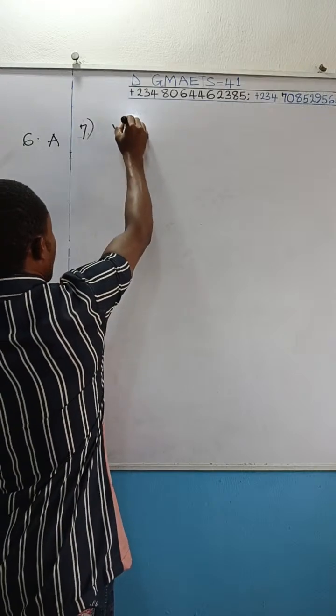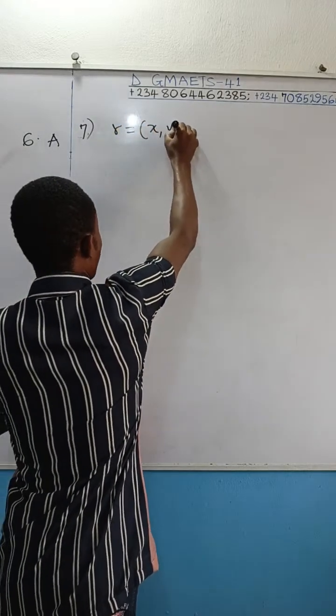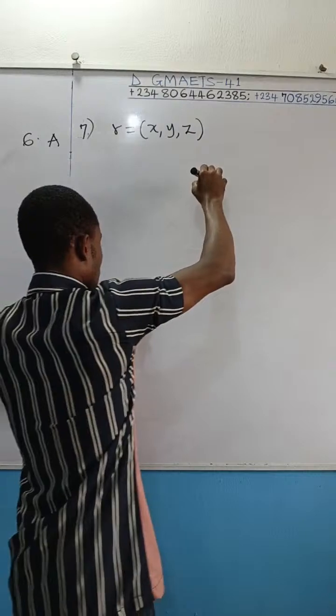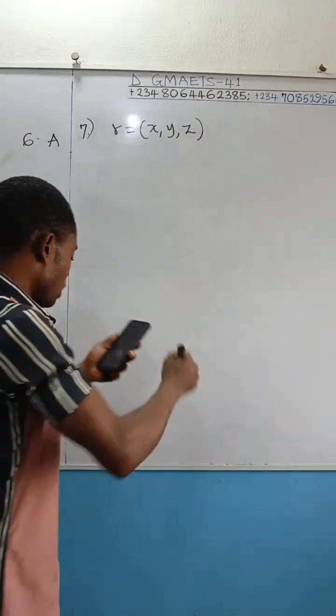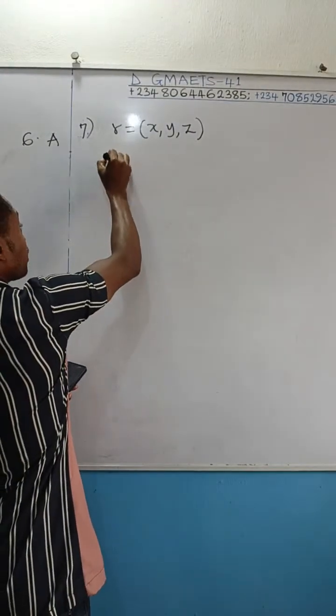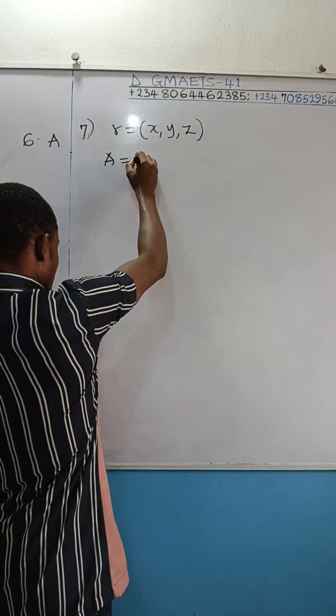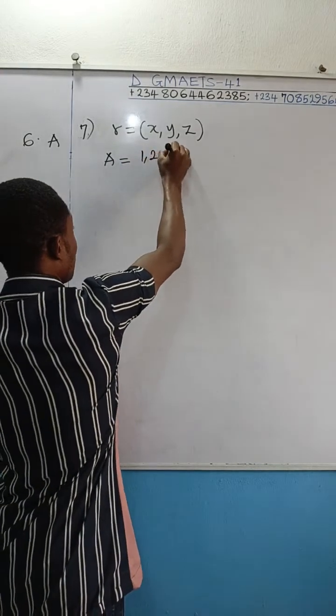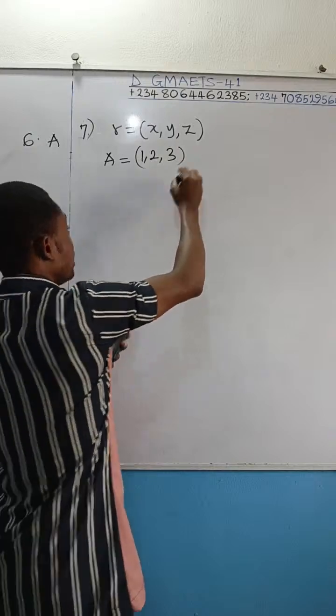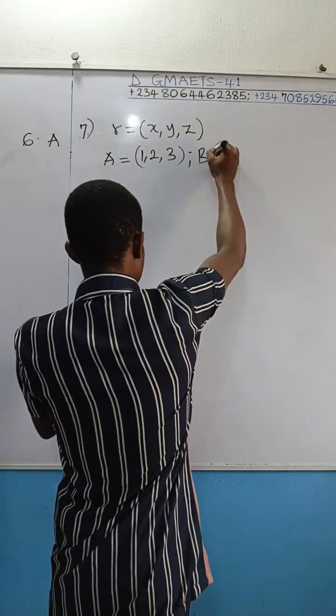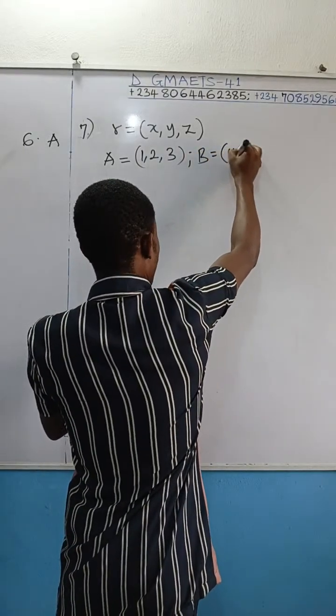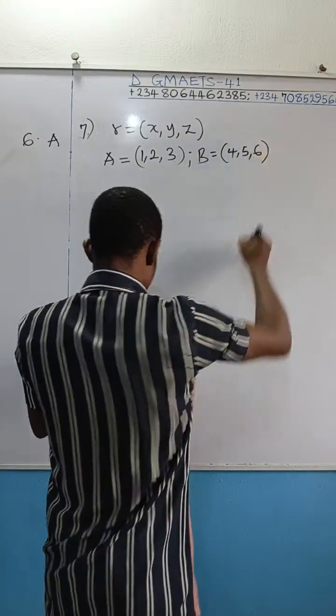The vector R equals x, y, z is perpendicular, that's what is being said, to both vector A, which is given as 1, 2, 3, and B, which is given as 4, 5, 6.